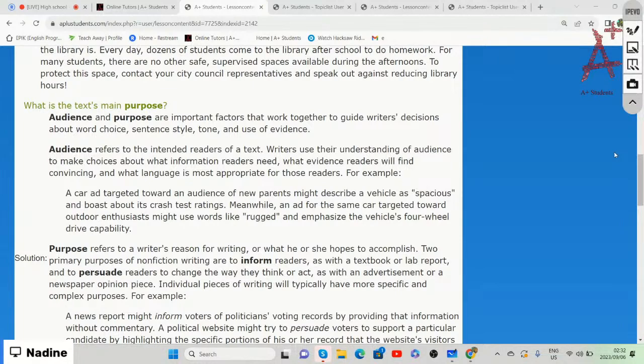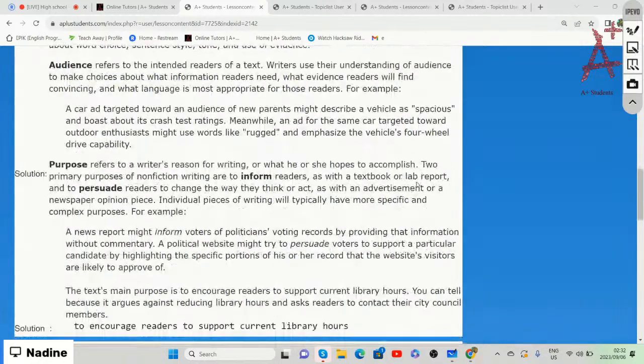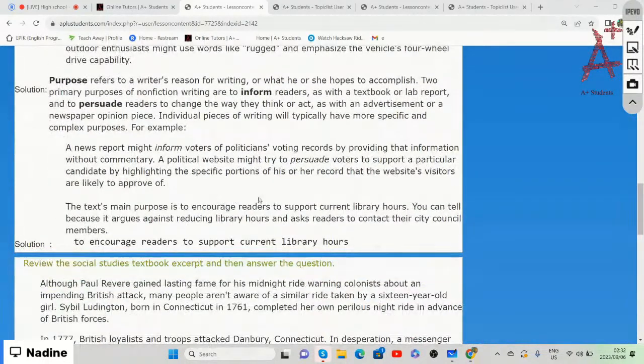And then also we must understand the importance of purpose. The purpose of the text is so that we can avoid reducing hours, and so that parents or people can support the current library hours and not reduce them.